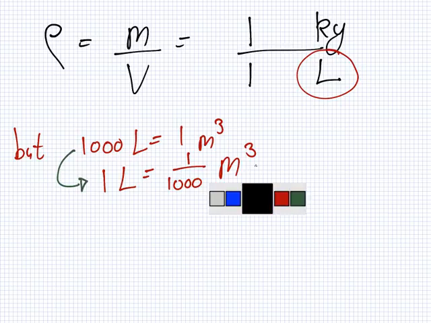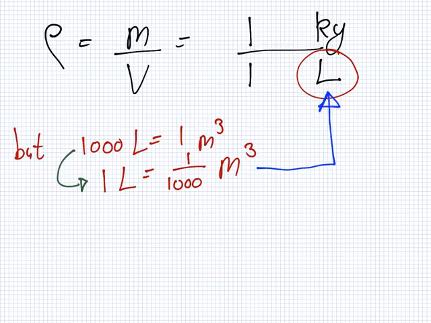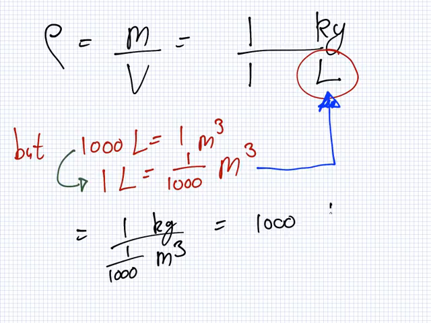So I can take that and put it in here. So we get 1 kilogram over 1 over 1,000 meters cubed. So the answer is actually 1,000 kilograms per meter cubed.